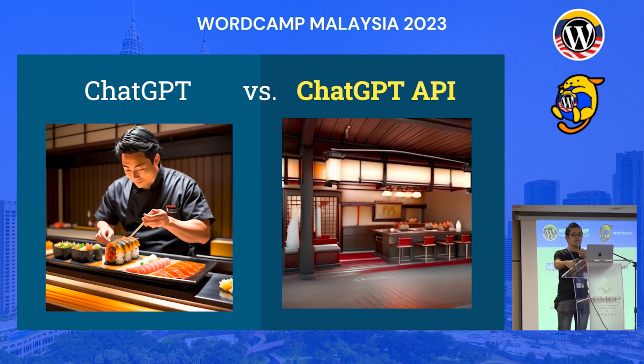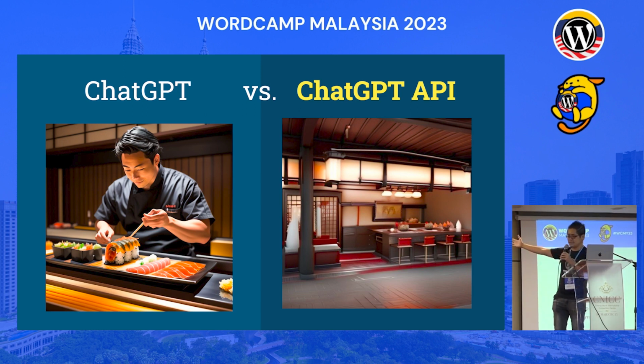You might ask, what's the difference between ChatGPT and the ChatGPT API? Picture ChatGPT as your omakase meal. Sorry, my Japanese friends, if I butchered the meaning. Think of it as the meal in your fancy sushi restaurant. It's perfect, everything is done for you.